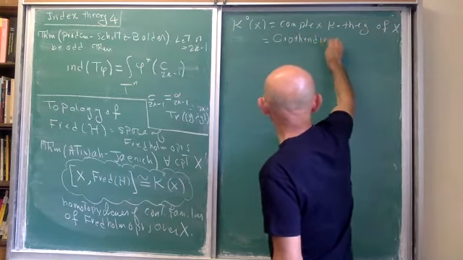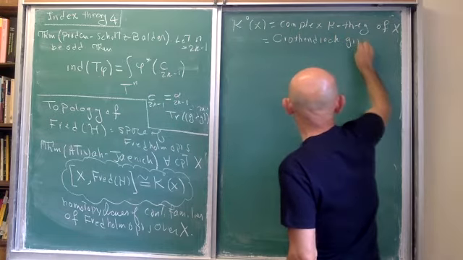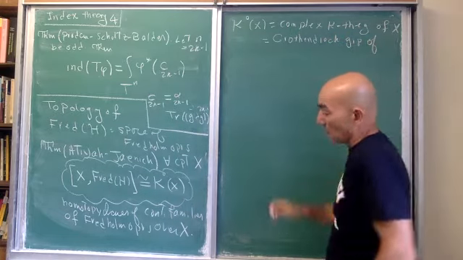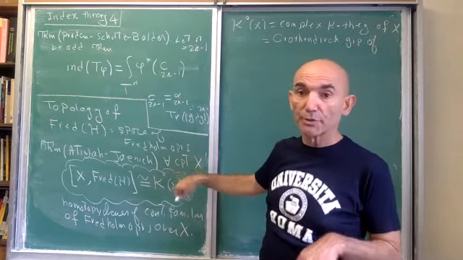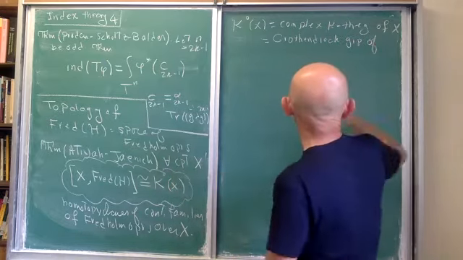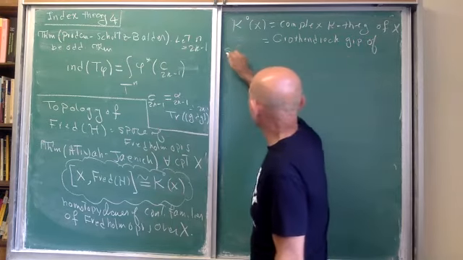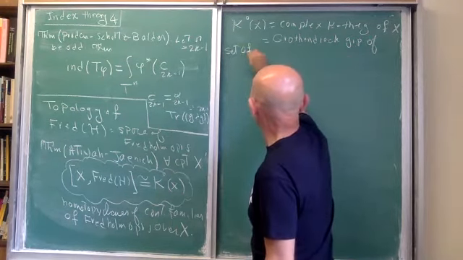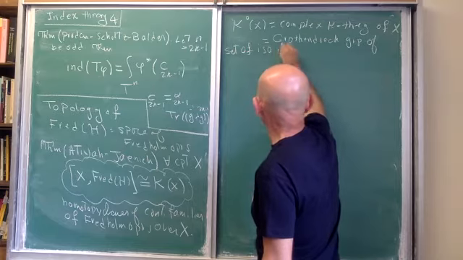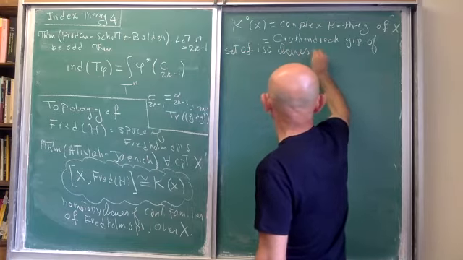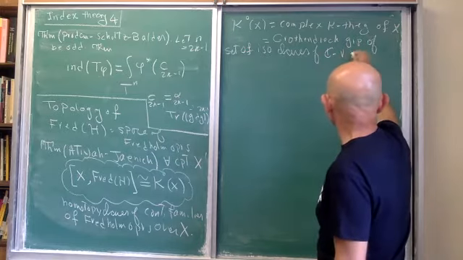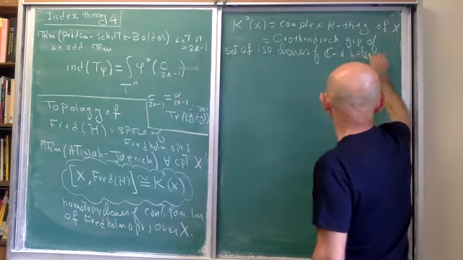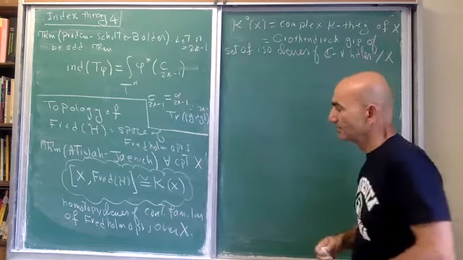By definition, it is the Grothendieck group of the set of isomorphism classes of, of course, finite dimensional complex vector bundles over X. Okay?